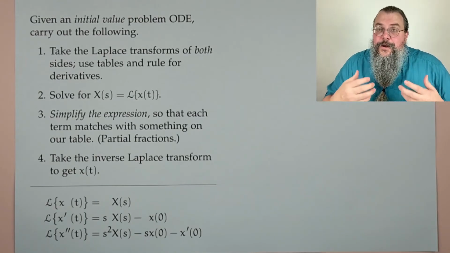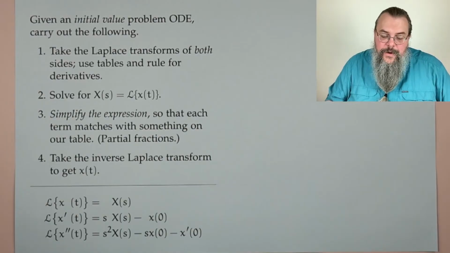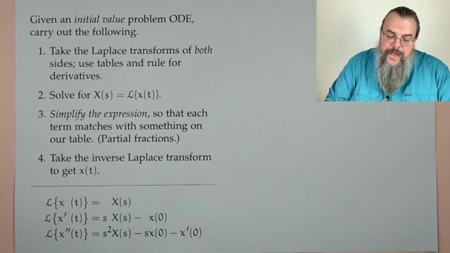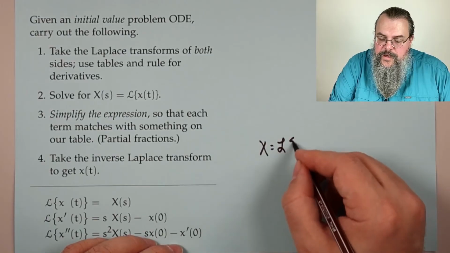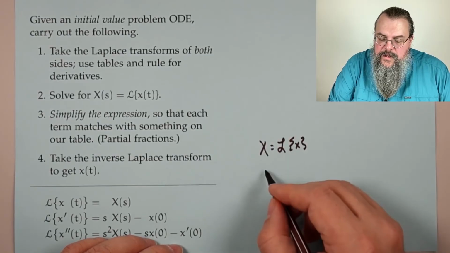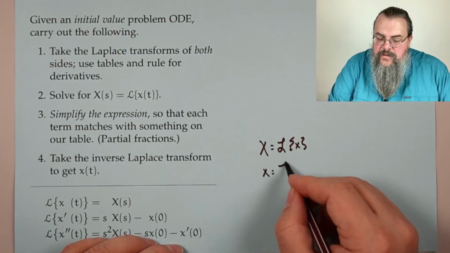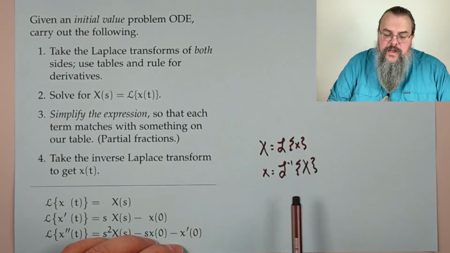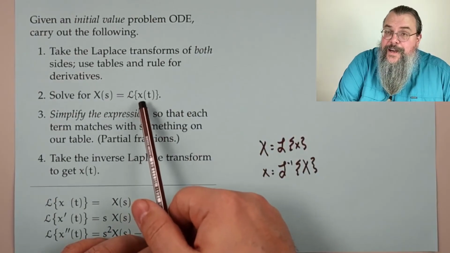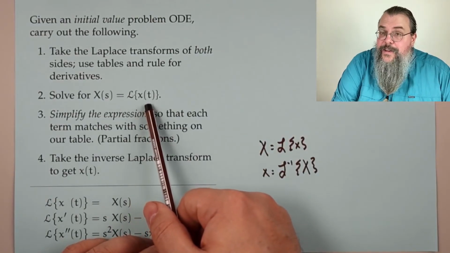All right, once you've gotten there, what can you do? Well, if capital X is the Laplace transform of little x, then little x is the inverse Laplace transform of capital X. We've already gotten capital X in step 2.